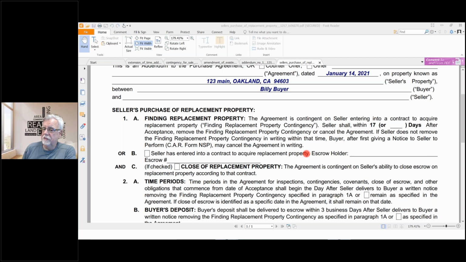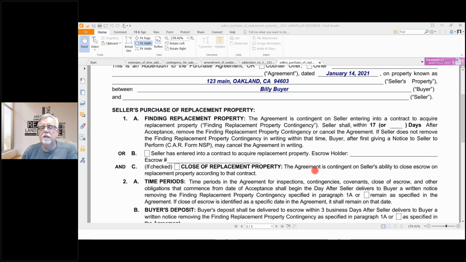So remember, the seller's motivation is, I don't want to end up homeless and I don't want to sell my house and not have any place to live. So I'm not even going to start seriously looking. Certainly, I'm not going to go into escrow until I know that somebody wants to buy my house with this contingency. Or C, if checked, we're way beyond the contract.